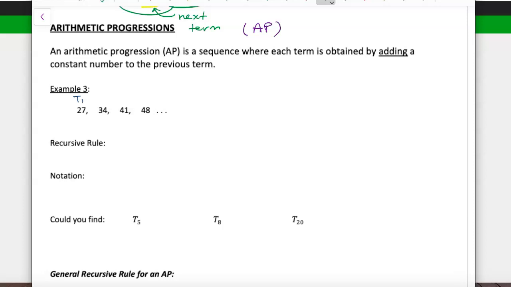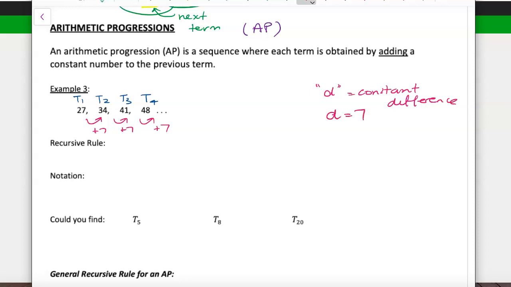So term 1 is 27, term 2 is 34, term 3 and term 4. We can see our pattern straight away is adding 7 to the previous term. So we have that idea of d, a constant difference. In this case, our d value is 7, and our a value, our first term, is 27.